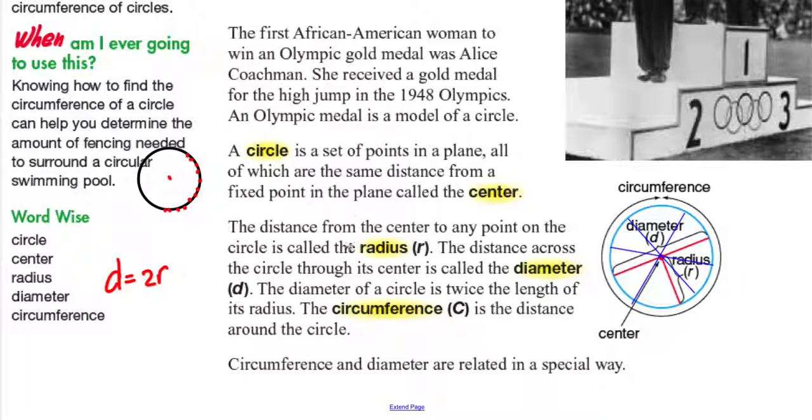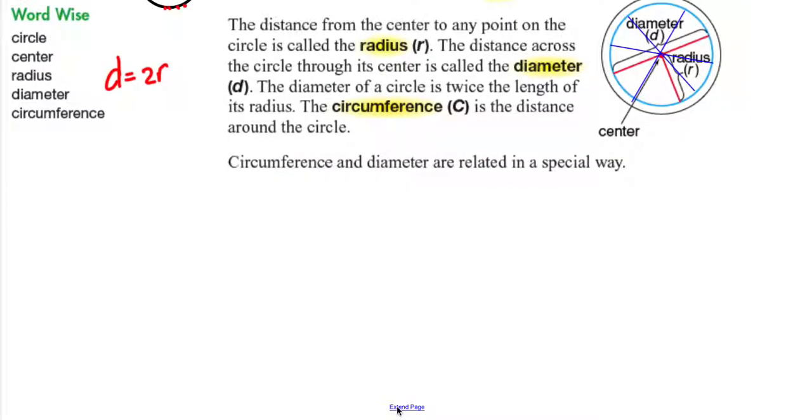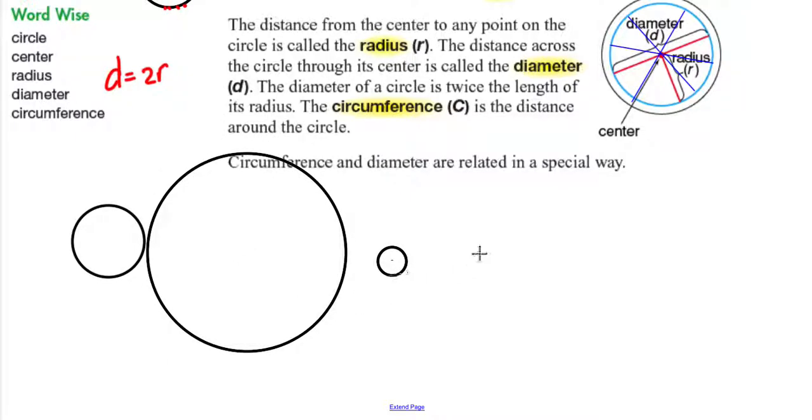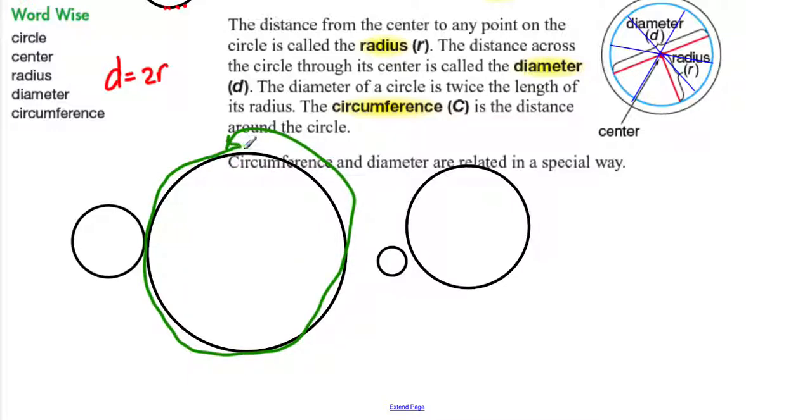If I get any type of circular object, you can do this at home, small or big, and I measure the distance around the circle, that is our circumference.